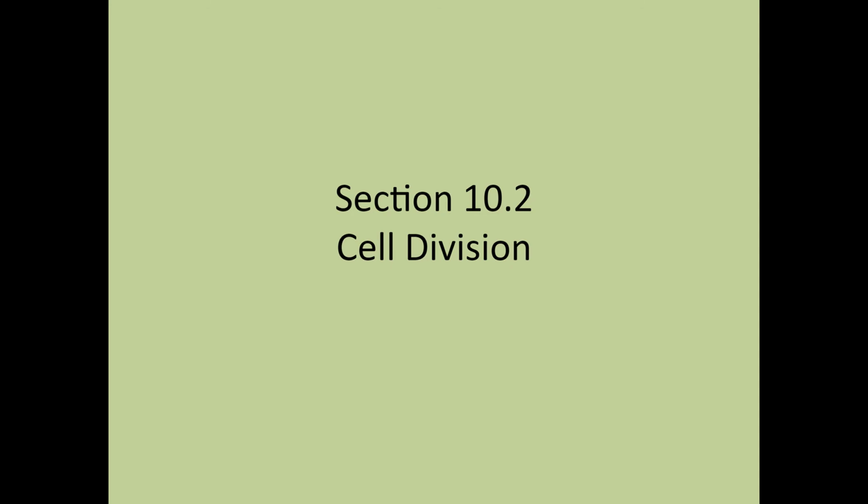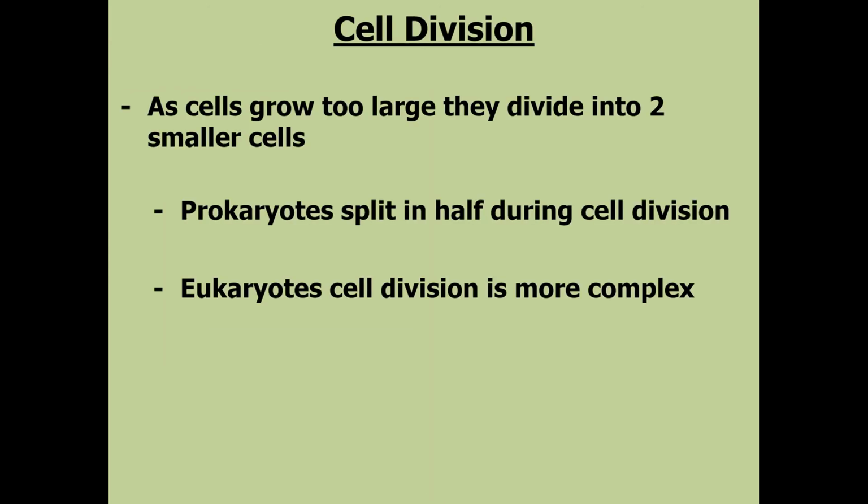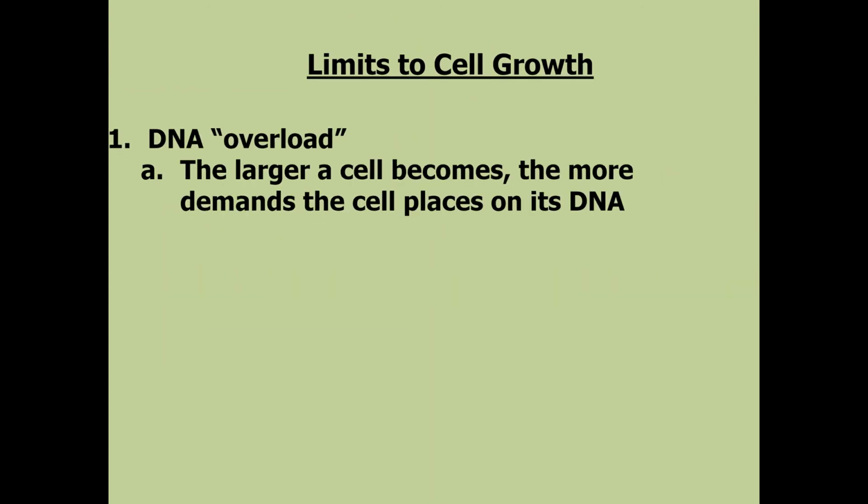So, we're going to pick back up where we left off before break in chapter 10 on cell growth and division. If you remember before break, we talked about how cells grow and how cells are limited in their growth. Let's go back a little bit. Okay.